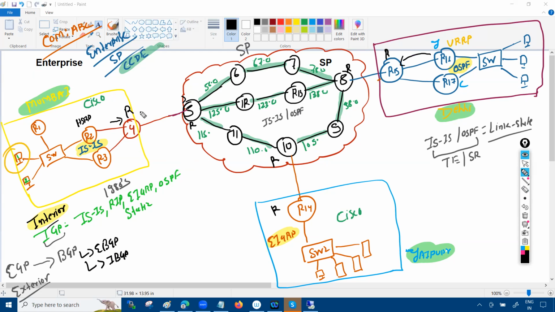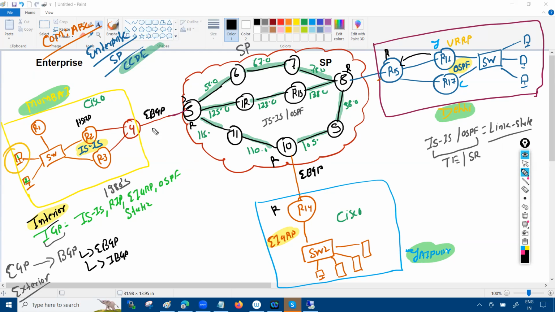Between the companies, what can I do? Between the companies, I'm going to run the flavor called EBGP. Guys, it's a recommendation to run this protocol, it's not mandatory.